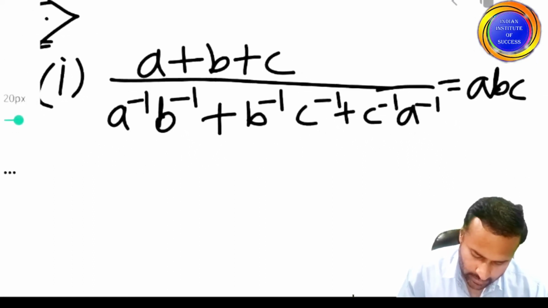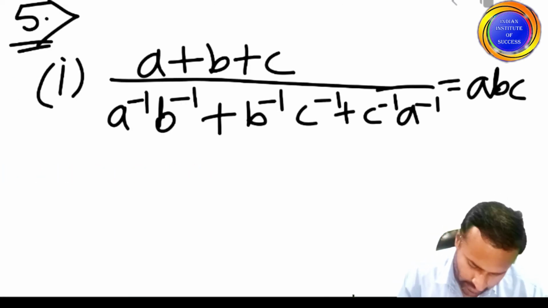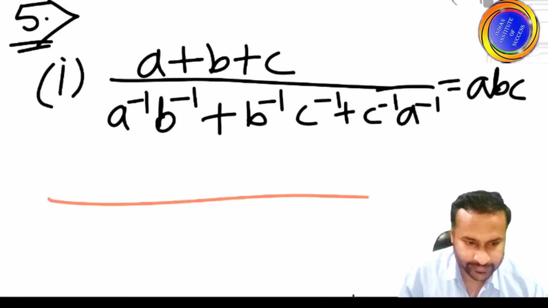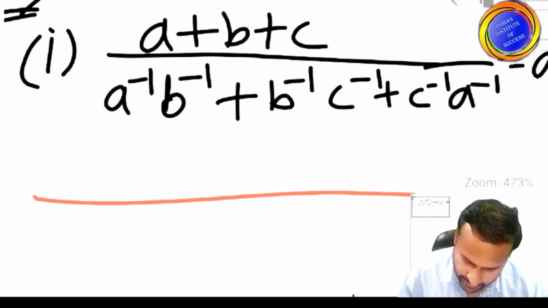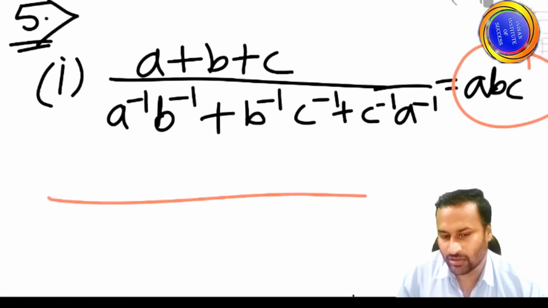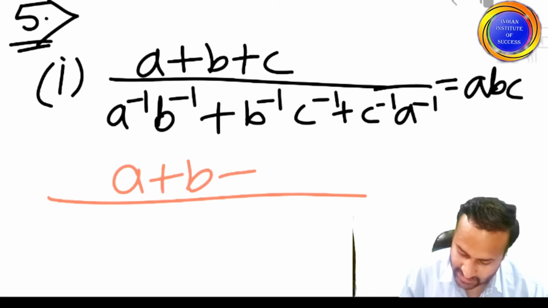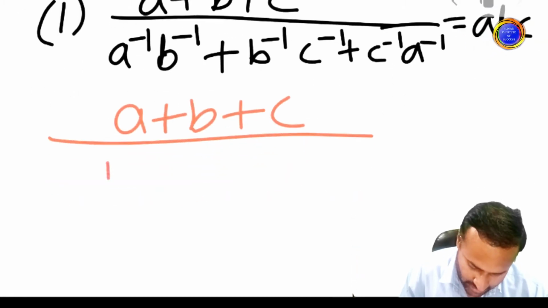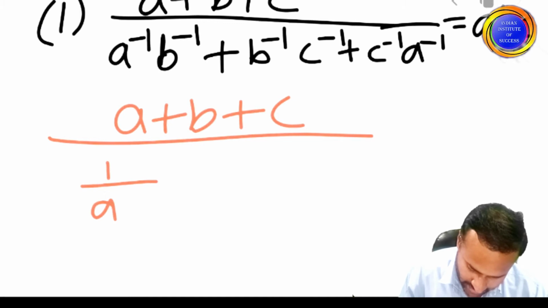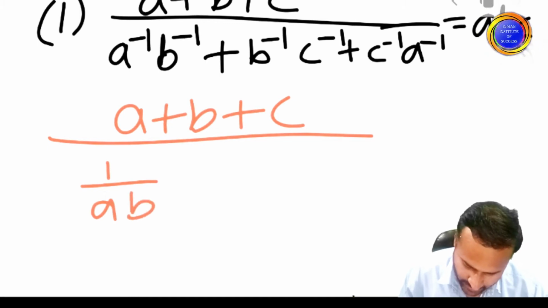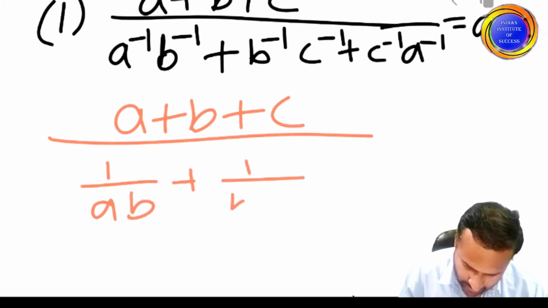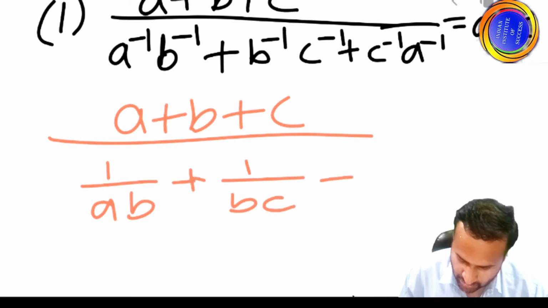Now here we have to prove this equal to abc. I am just solving this: a plus b plus c here, it will become 1 upon a, 1 upon b means 1 upon ab, plus 1 upon bc, plus 1 upon ac.